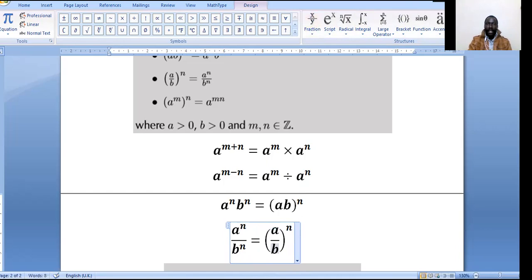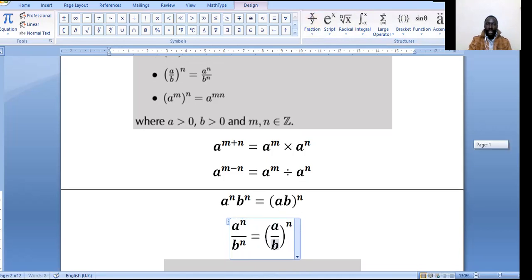Then the next law is the last law in this case for this method. We have a with the exponent m and another exponent n outside.